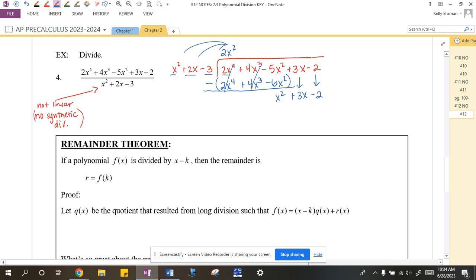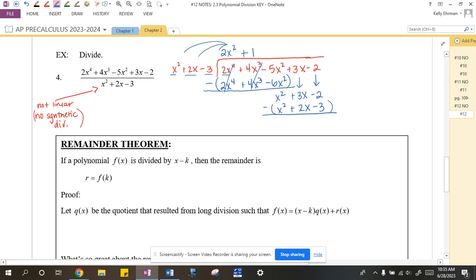So this time we drop down 2. And what do we multiply x squared by to get x squared? We multiply by 1, so plus 1 up there. When you multiply this trinomial times 1, you get x squared plus 2x minus 3. Now this is not the same exact trinomial, so we will have some terms left over.